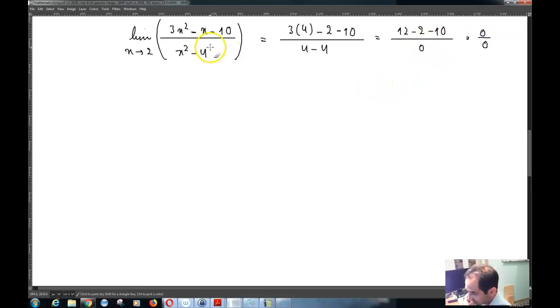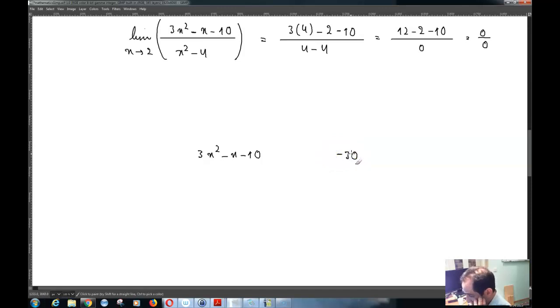So you need to now somehow factorize the numerator and denominator. Basically you have 3x squared minus x minus 10 in the numerator. So if you multiply negative 10 by 3, you will get negative 30.